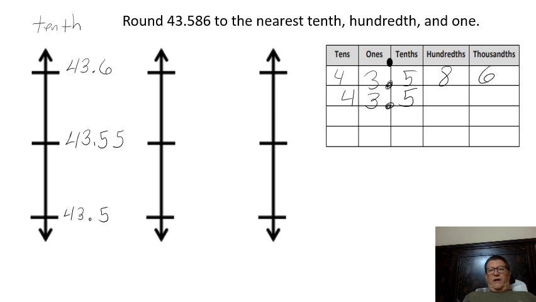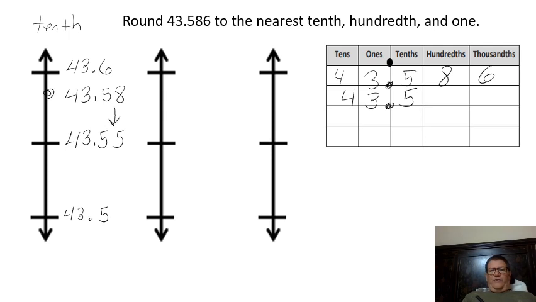Now we're going to come back to our original number. And we can see that we actually have 8/100ths. So I know 43 and 58/100ths is going to be somewhere up in here, 43 and 58. And I'm basing that on the midpoint.